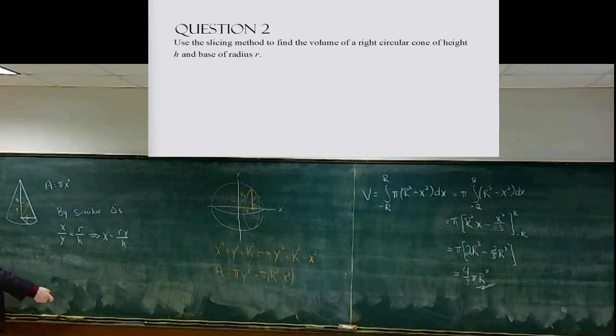Now remember, little r and little h are constants. They're known, right? The height of the cone is known and unchanging. The radius of its base is known and unchanging. So the only values changing here are the x and the y based on where we're taking the cross section.